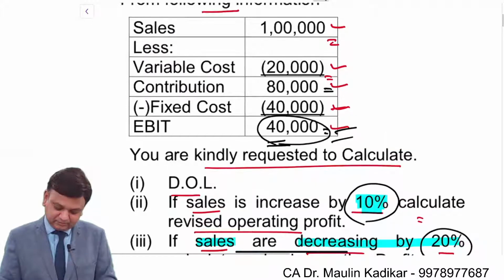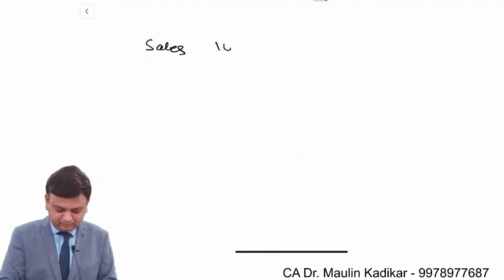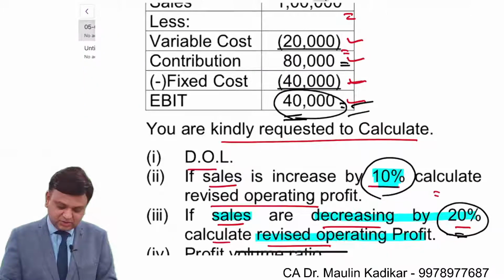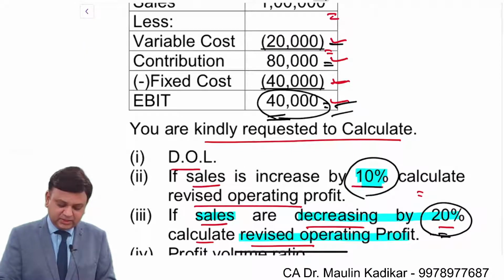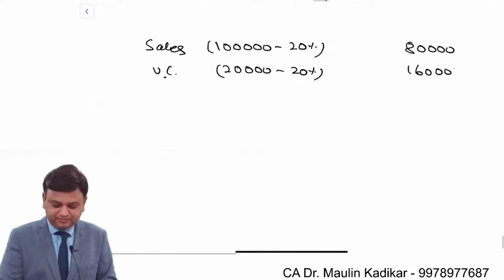Sales 1 lakh minus 20 percentage, that is 80,000. Variable cost 20,000 minus 20 percentage comes to 16,000.